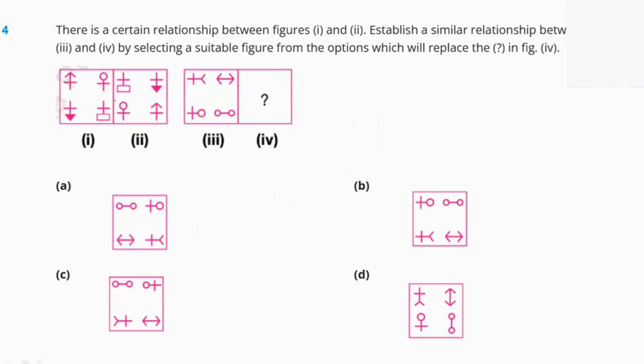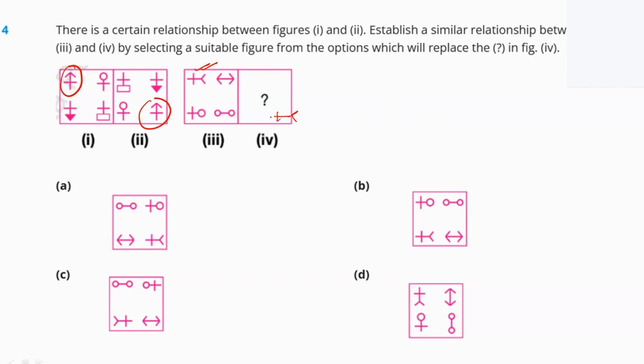Next, there is a certain relationship between figures 1 and 2. Establish a similar relationship between figures 3 and 4 by selecting a suitable figure from the options, which will replace the question mark in figure 4. If you look carefully at the pattern, this particular pattern is written here, so this should be here.